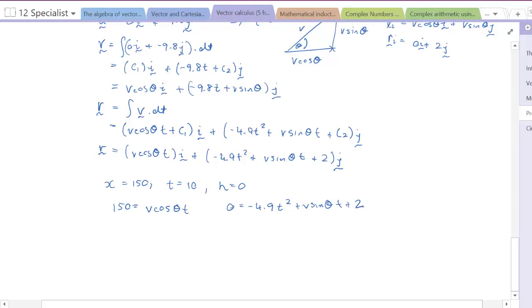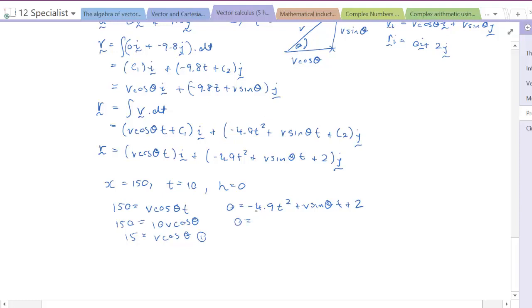Now if we put in the time of 10 seconds, we get 150 is equal to 10v cos theta, or 15 is equal to v cos theta as our first equation.